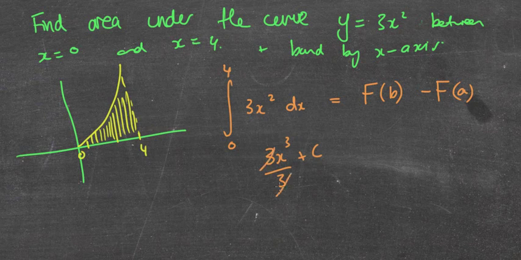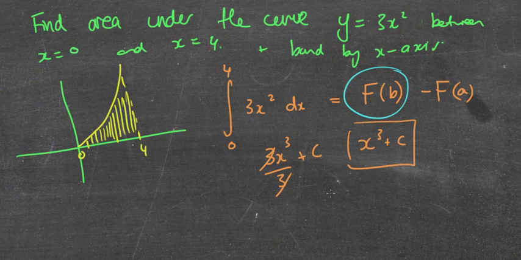The 3's will cancel out, so we get x cubed plus c. Now, the only issue is that plus c is a value we don't know. It could be plus 10, could be plus a million, could be minus something. Does it matter? Well, we'll see. So now let's substitute in these values 0 and 4. If I put 4 in, 4 cubed is 64 plus c.